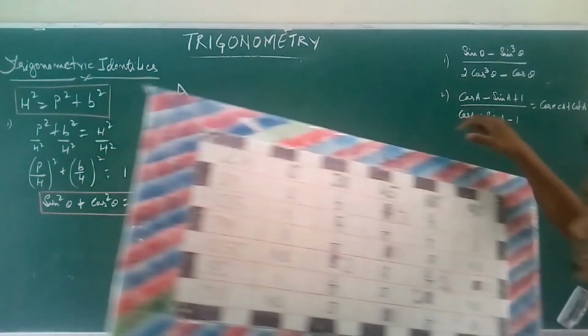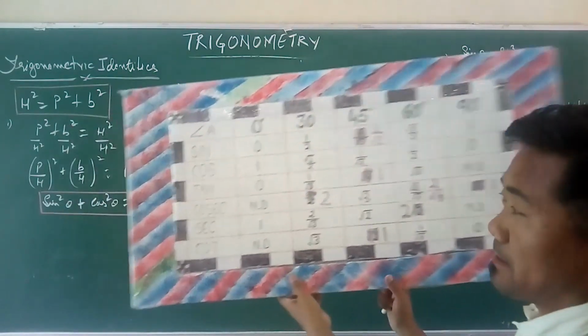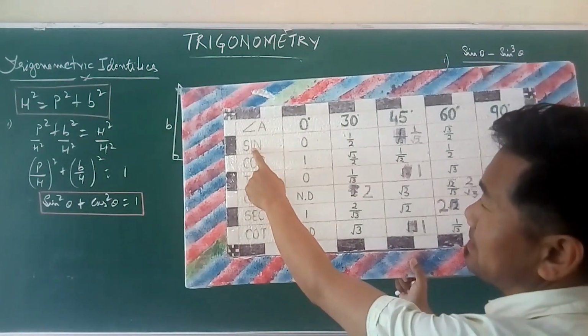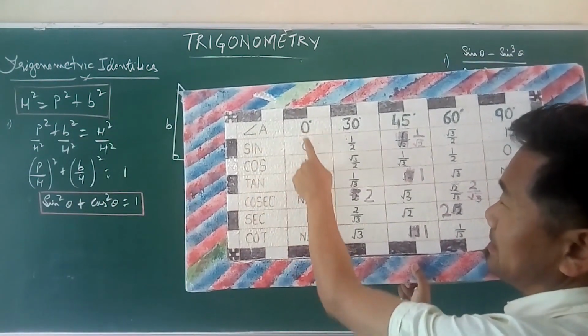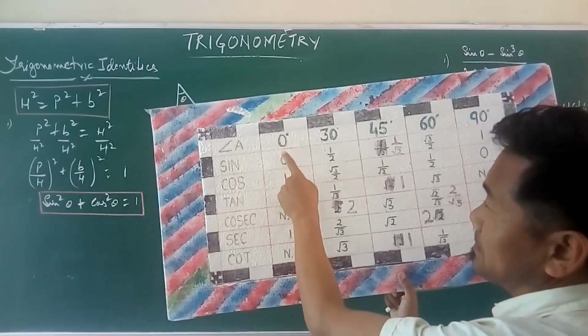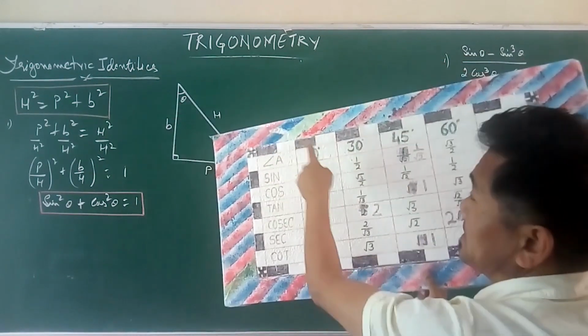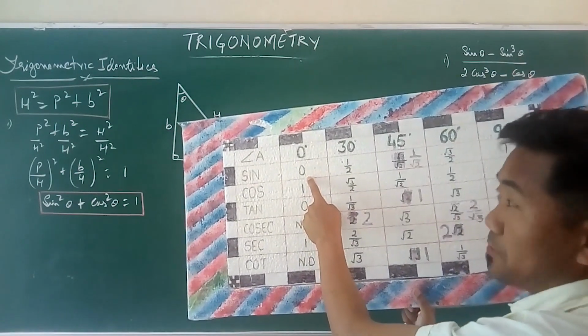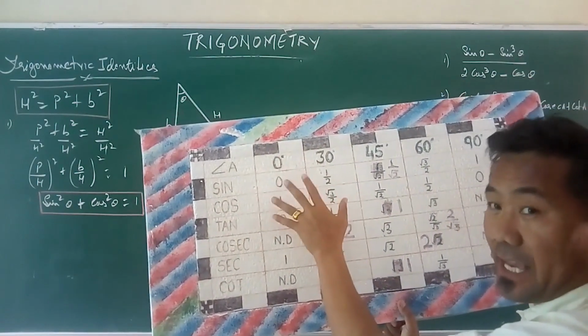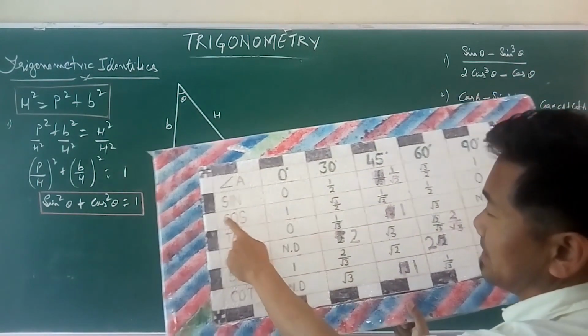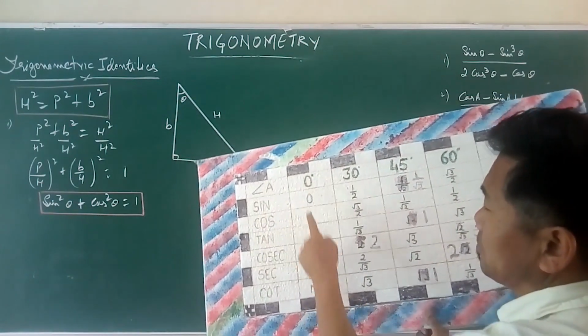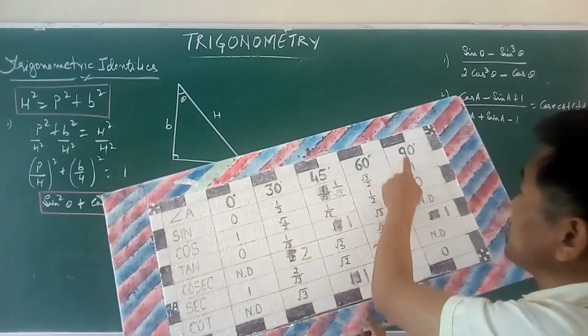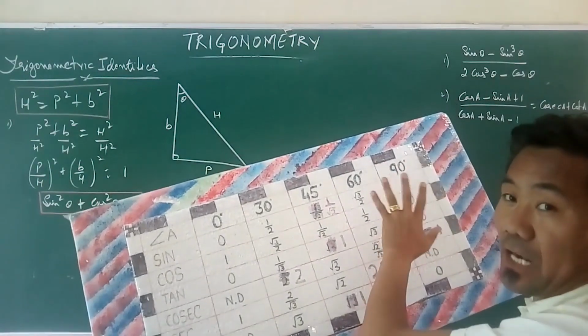So this is the trigonometric table, and it says sine of theta at angle 0, if the angle is 0, the value is 0. Here we have a specific angle given. And then cos, if it's 0, then we have a 1. And also at 90, we have a value.